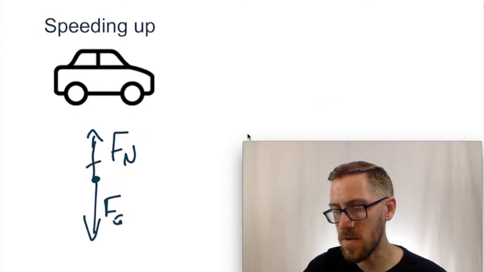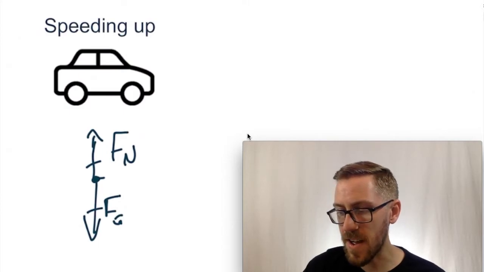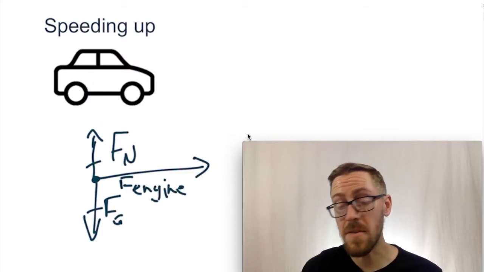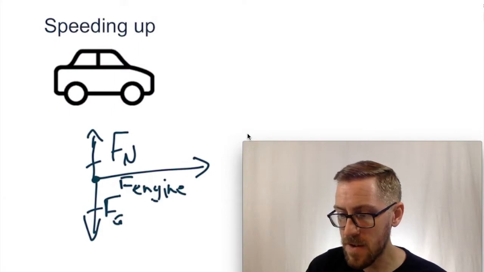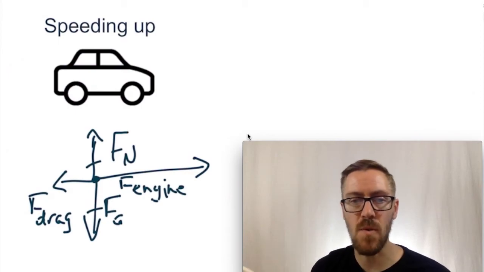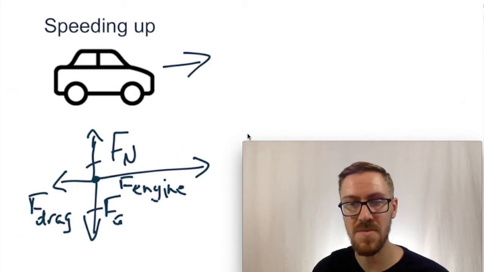Those should be equal. Forgive my bad art if they're not. And then the arrow to the right here, the engine arrow, should be longer than the F drag arrow. The engine's force is bigger than the drag force because it's gaining speed this way.